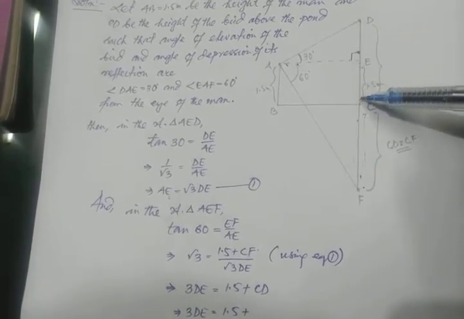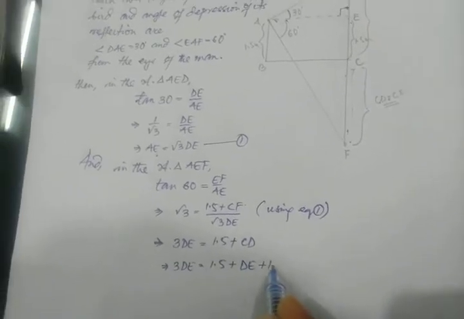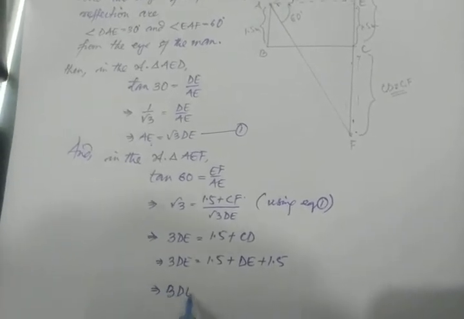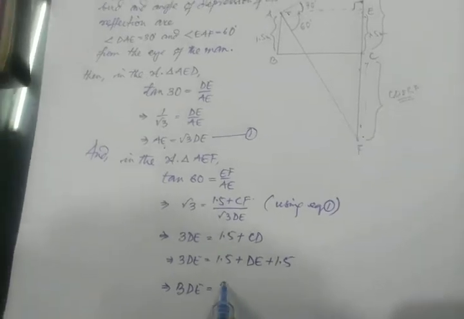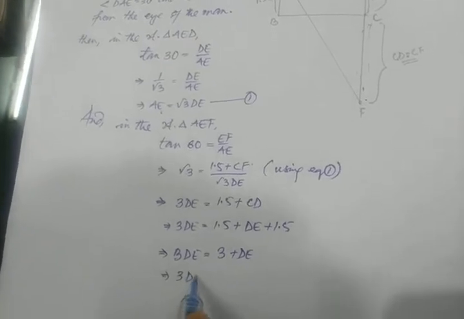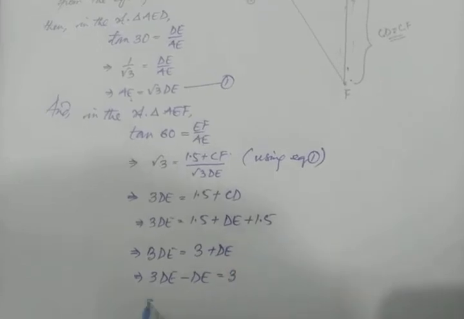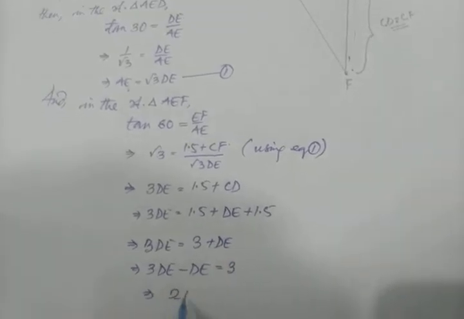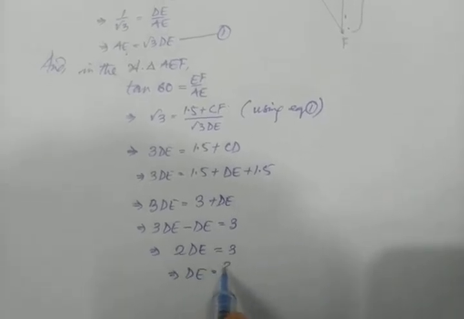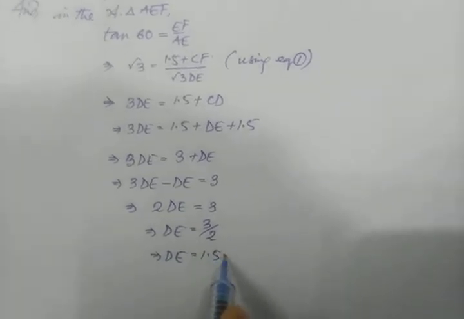Now adding 1.5 and 1.5 gives 3 plus DE. So 3 DE, transposing DE to the left, 3 DE minus DE gives twice DE equal to 3. So now DE alone will be 3 by 2, that is 1.5 meter.